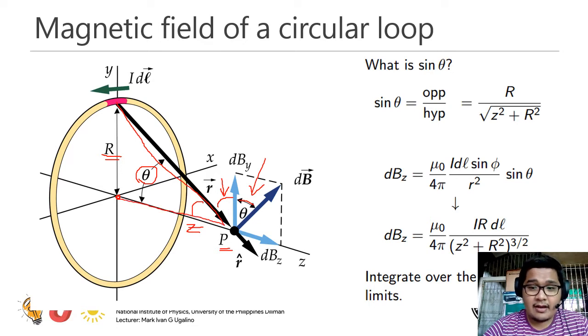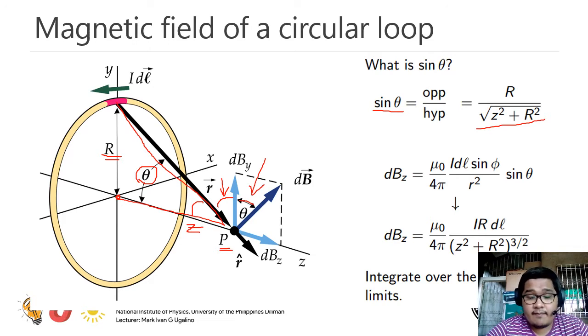So we can readily express sine theta in terms of r and z. And that is given by r over square root of z squared plus r squared, because r is your opposite side, and square root of z squared plus r squared is the length of the hypotenuse of your right triangle.